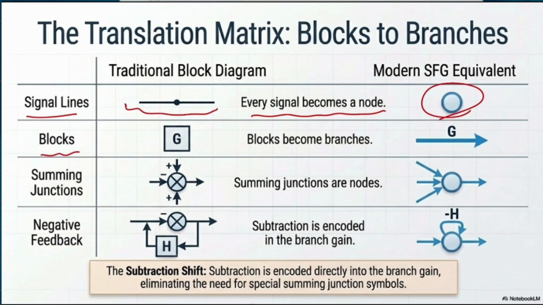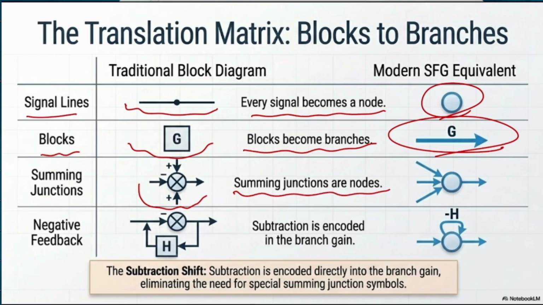Then we have the blocks that we saw as G. These become branches, and branches have gain, which is important to us. Then we have the summing junction from the very first example, where I was talking about E. Again, the summing junctions become nodes, and we have the negative feedback, which becomes the branch gain, as you can see over here.